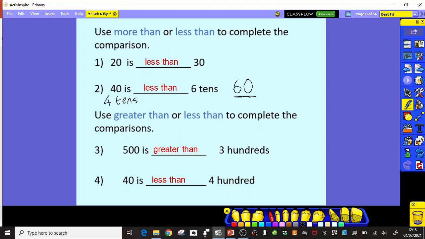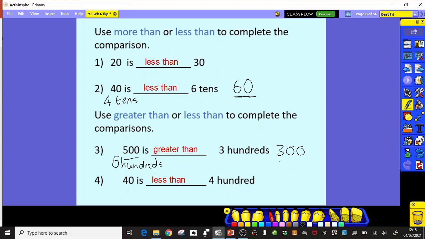Then if we have a look at number 3, 500 is greater than 300s. Well, 500 we could say is 500s, and 300s we could write as 300. And we know that 5 is a larger number than 3, so 500 is greater than 300.